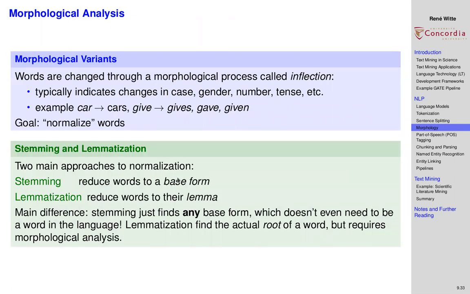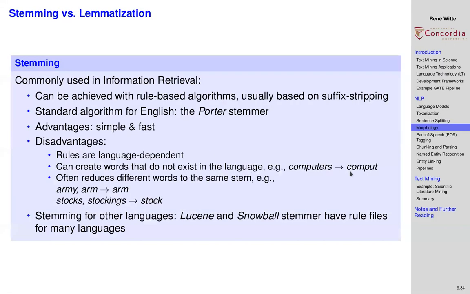We're reducing it to a base form, but this base form doesn't have to be a real word in the language. So this works actually quite well for things like TF-IDF vectors. We are not really interested in all of these variants. And because it's just one dimension in the vector, it doesn't matter that it's not a real word in the language.